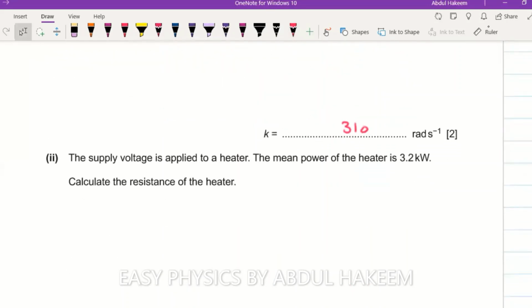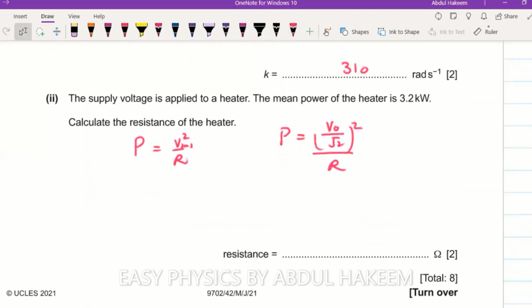Next, the voltage supplied to a heater. The mean power is 3.2 kilowatt. Calculate the resistance. Look, power is equal to V square over R. And this V is RMS. So we can write power is equal to peak value divided by under root 2 whole square divided by resistance.